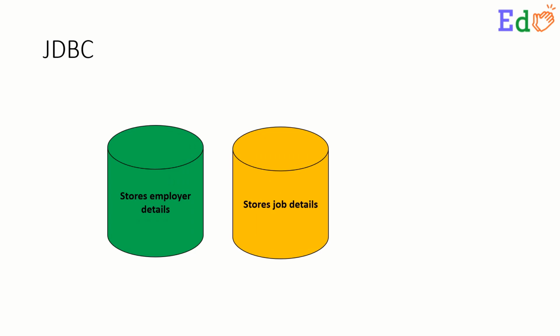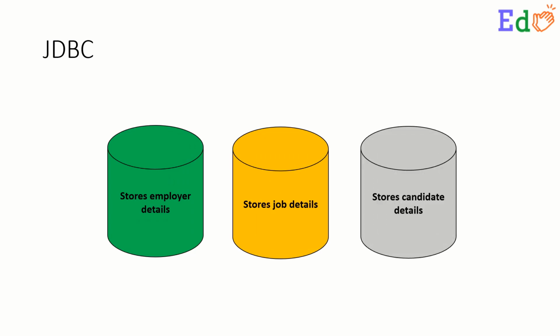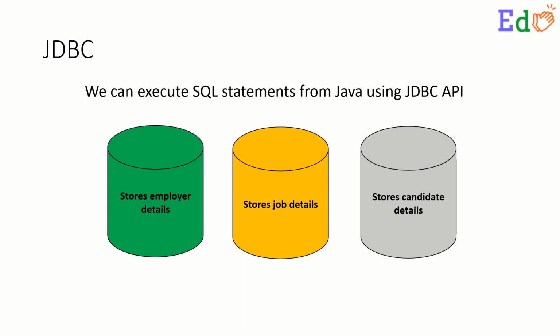JDBC means Java Database Connectivity. It has three databases. The first one stores the employer details, the second one stores the job details, and the third one stores the candidate details. We can execute SQL statements from Java using the JDBC API.